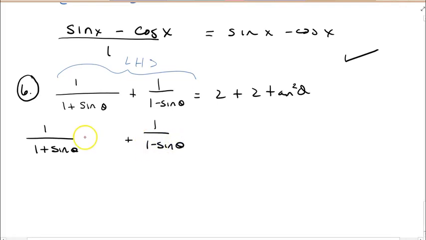I'll do it in red. My common denominator, of course, is 1 plus sine theta times 1 minus sine theta. So this first one needs a 1 minus sine theta, first part of the fraction. The second term on the left-hand side needs a 1 plus sine theta.